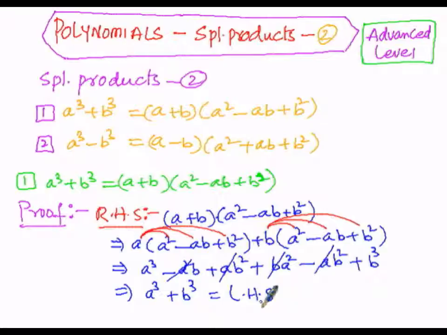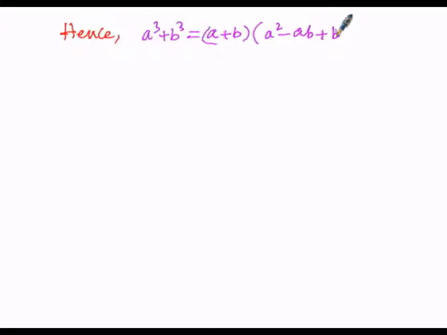In this manner, RHS is equals to LHS, that is a cube plus b cube is equals to a plus b into a square minus ab plus b square. Hence we proved this. Under this, let us perform one example.